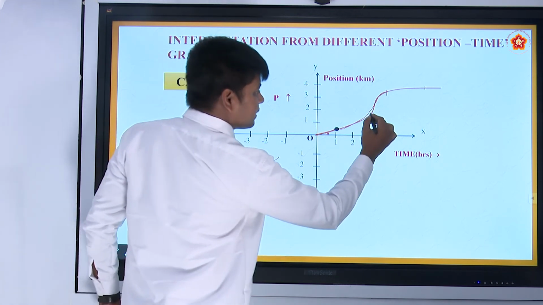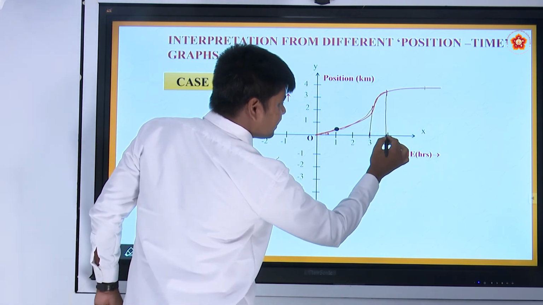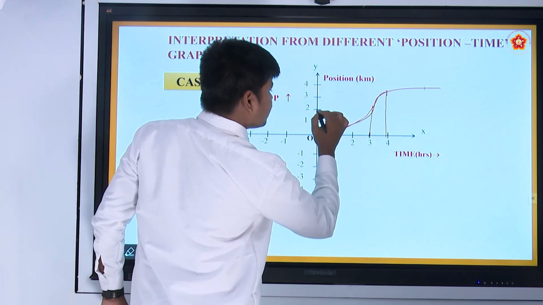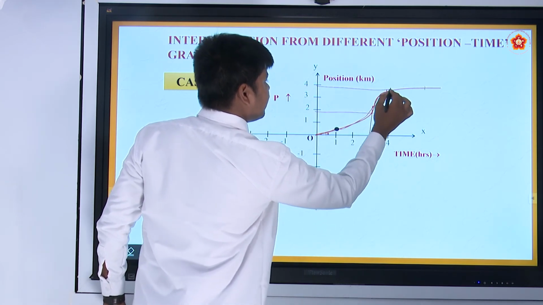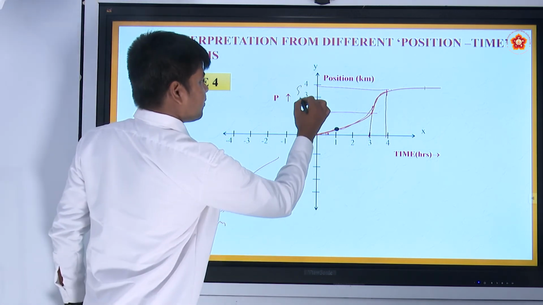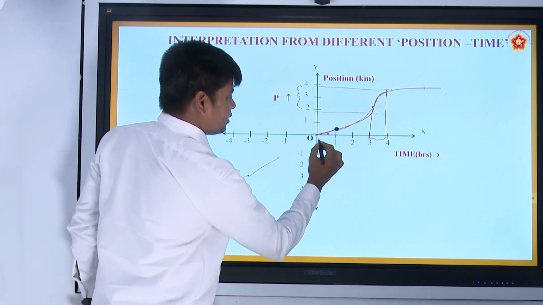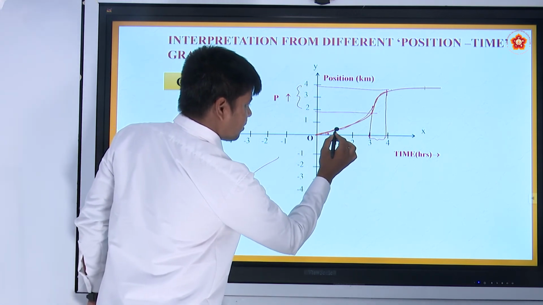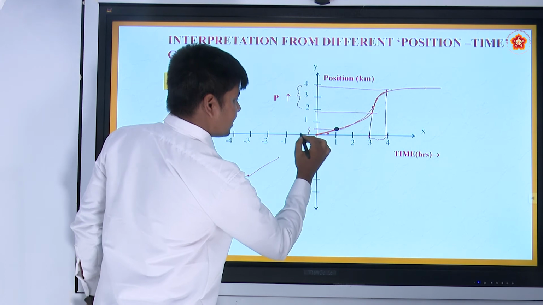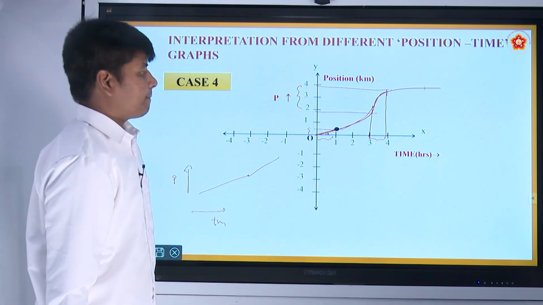At this point, you can see for a small change in time, there is a huge change in velocity, this much change in velocity in 1 hour. For the same time, this is the change in velocity in this region.